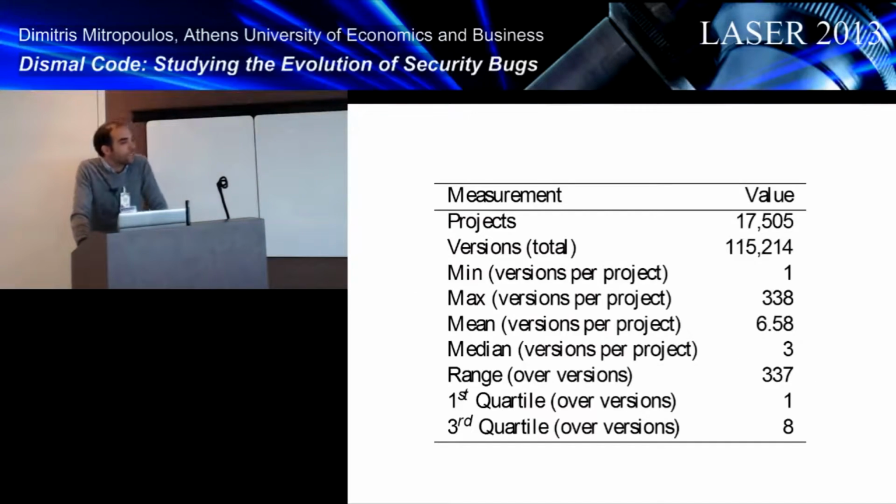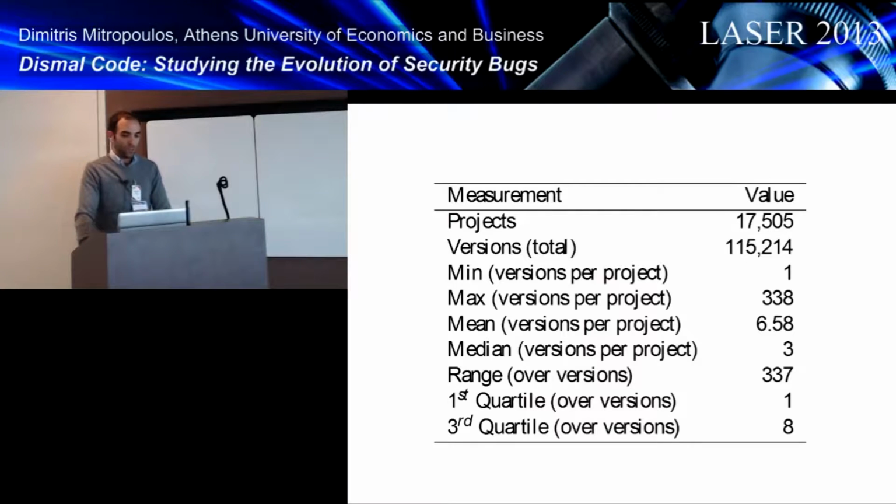Here we can see some descriptive statistic measurements for the repository. The measurements indicate that there are 17,505 projects and the dataset's median is 3. This means that almost 50% of the project population have 1 to 3 versions.